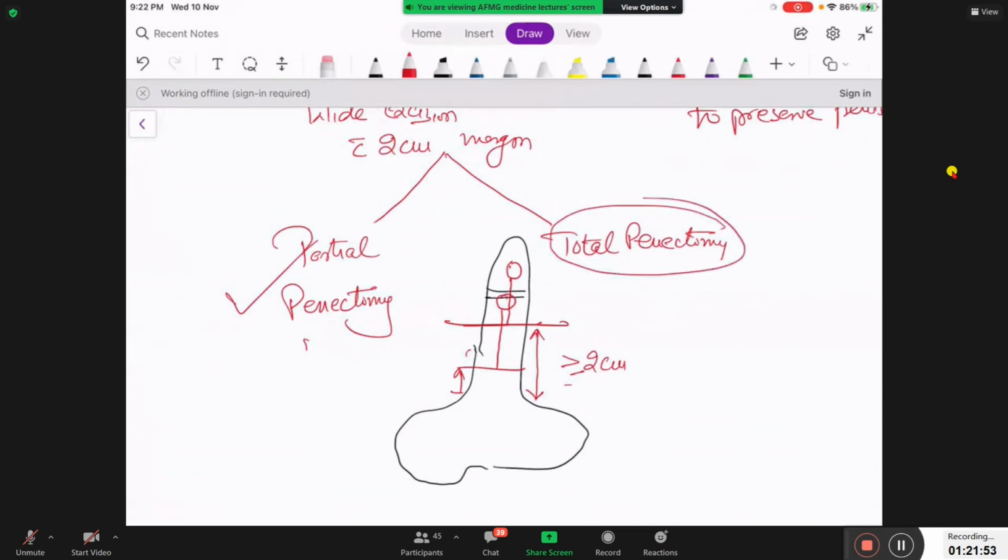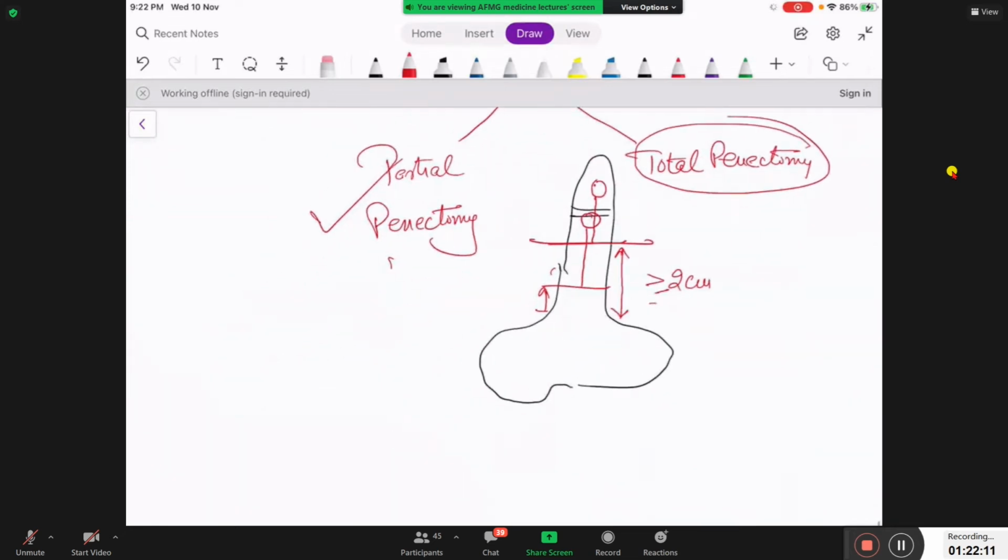We will not do partial penectomy. To have functionality of a penile stump, you need to have 2 centimeter. So if you are not getting it, you should go ahead with a total penectomy. This is what we need to know.